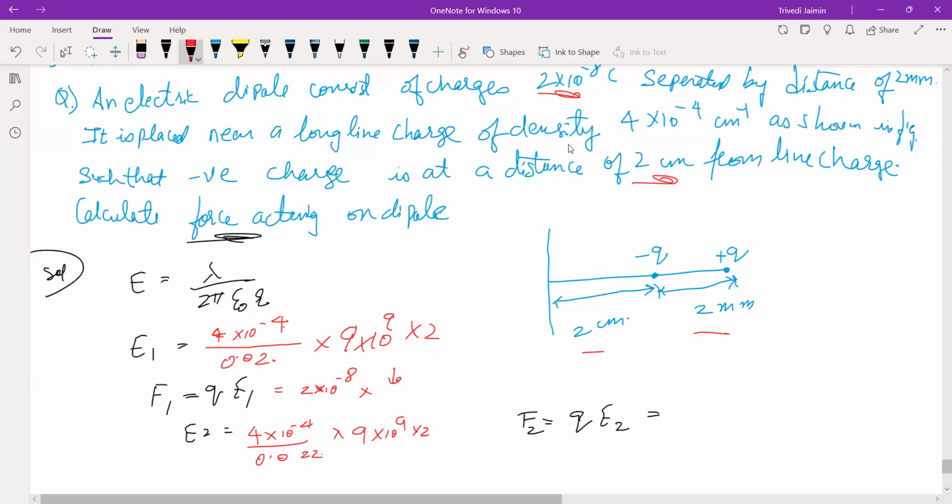Same, again multiply by charge. Charge is 2 into 10 to power minus 8 into this value. That will be your F2.